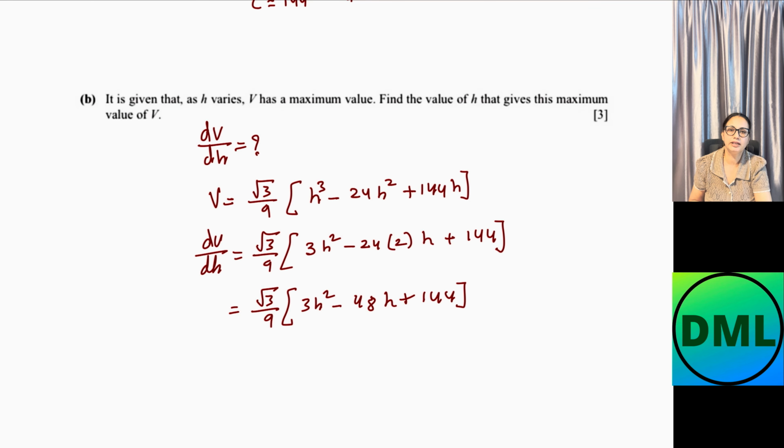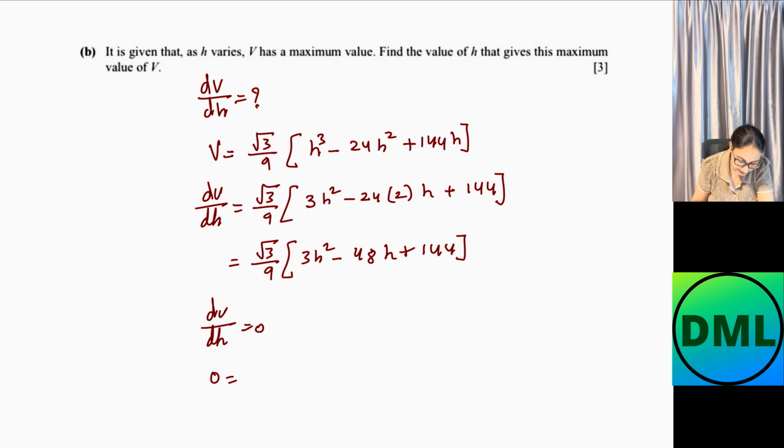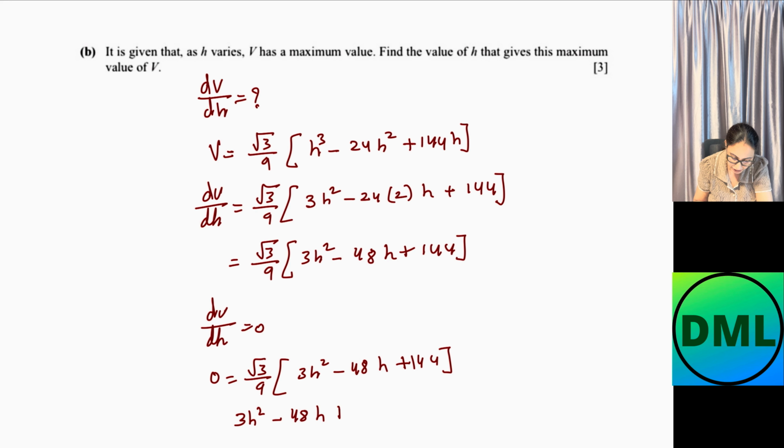I need to put dV/dh equal to 0: 0 is equal to √3/9 (3h² minus 48h plus 144). As the left hand side is 0, √3/9 will vanish. I can say that 3h² minus 48h plus 144 is equal to 0.